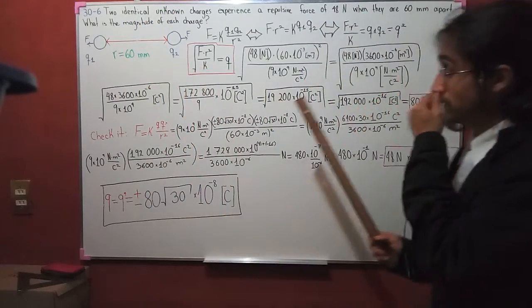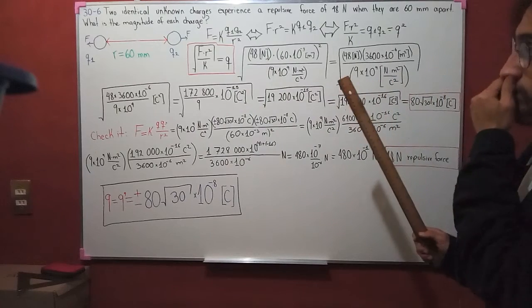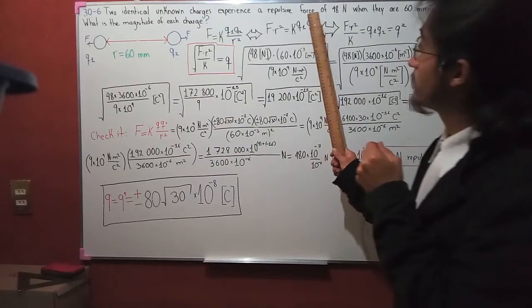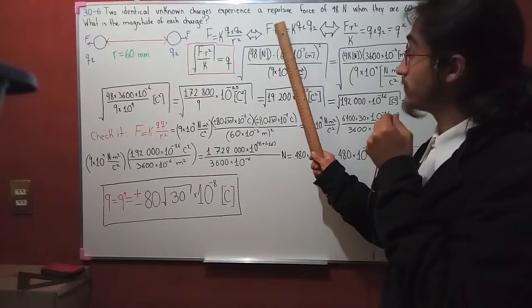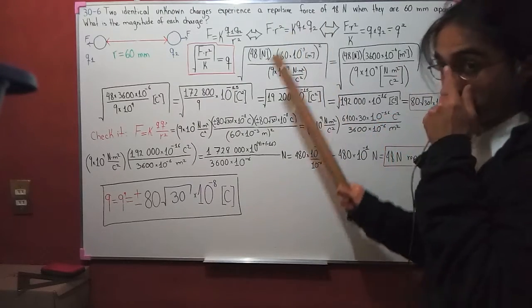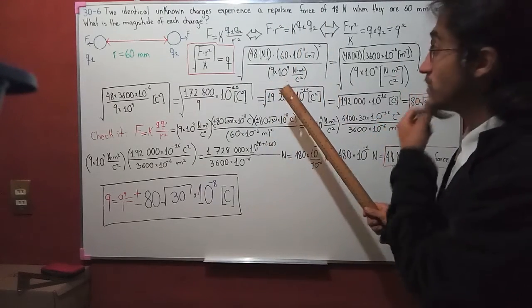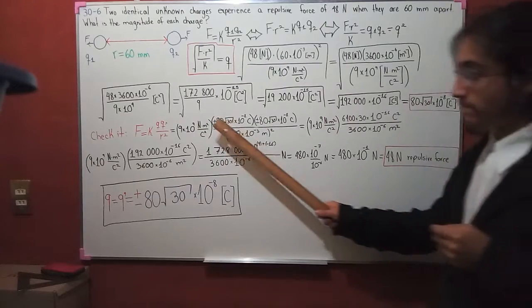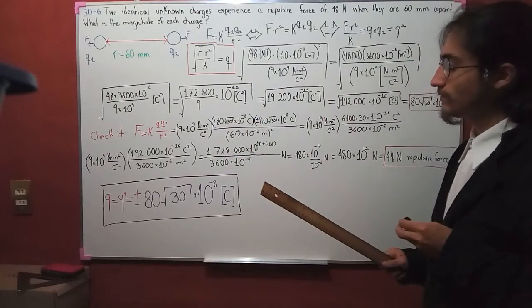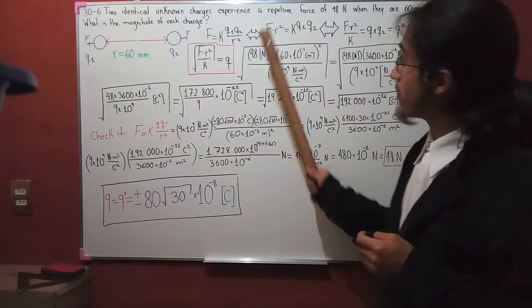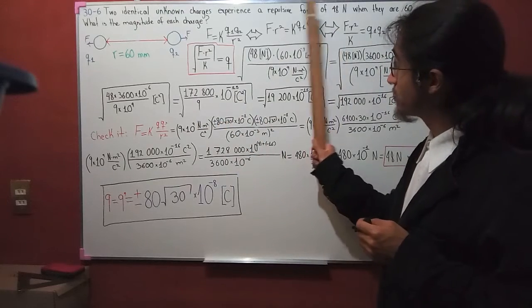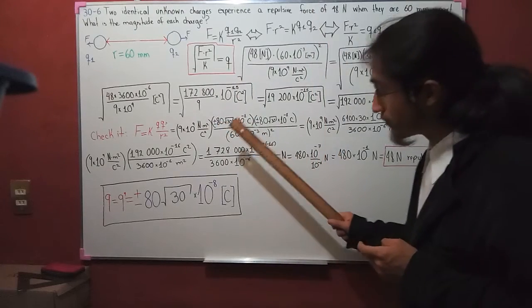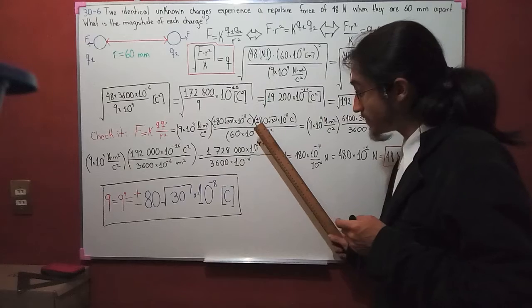So the force is a repulsive force. Minus gives a repulsive force, and plus gives a repulsive force too. So for this reason, this symbol appears here.